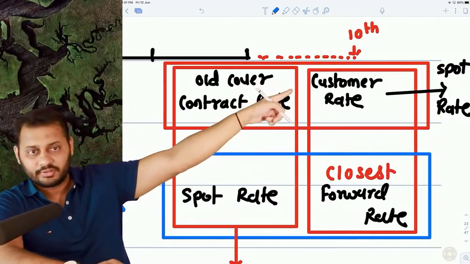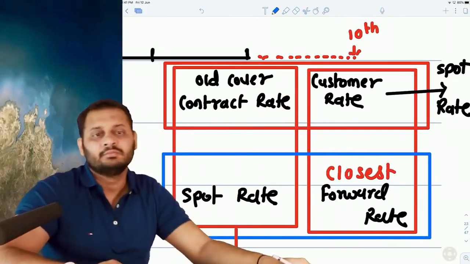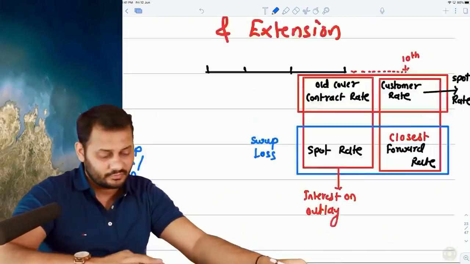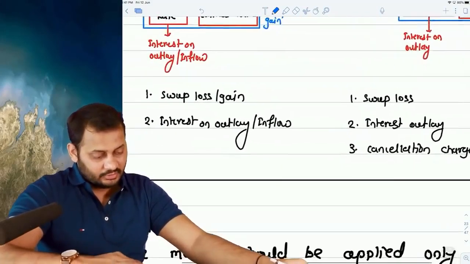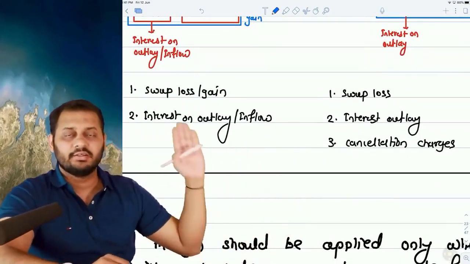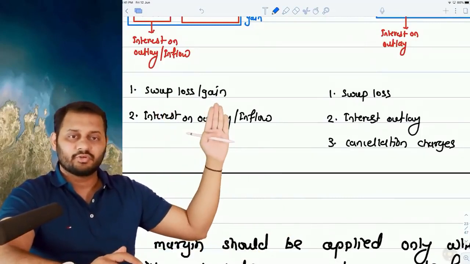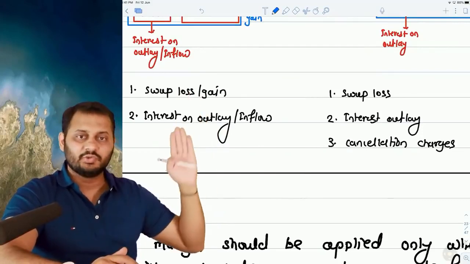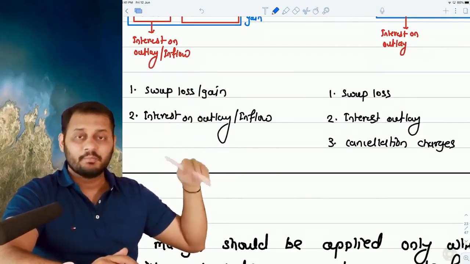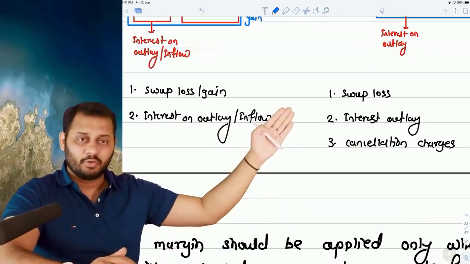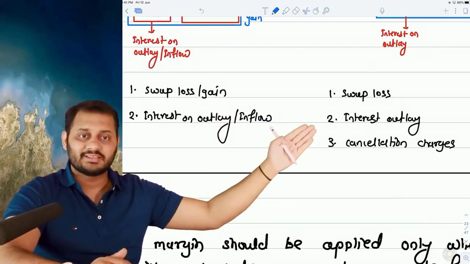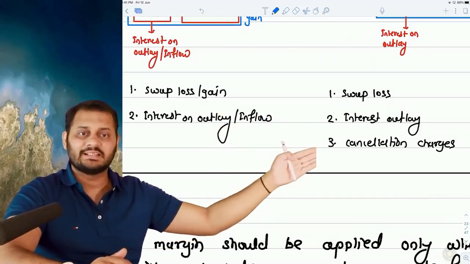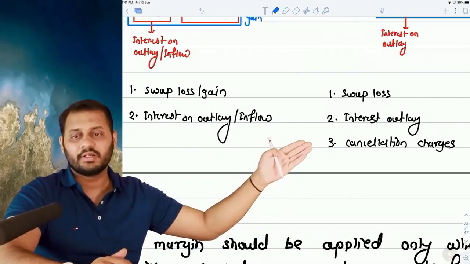You can see spot rate or 15th days rate there. So the 15th day rate is also incorporated here. All in all, you need to understand that in case of early, swap loss or gain can be there, interest on outflow or inflow can be there. These are the two things recovered or paid to the customer. But in case of late, swap loss only, not gain, interest on outlay only, not inflow, and cancellation charges are also there to be recovered from the customer.